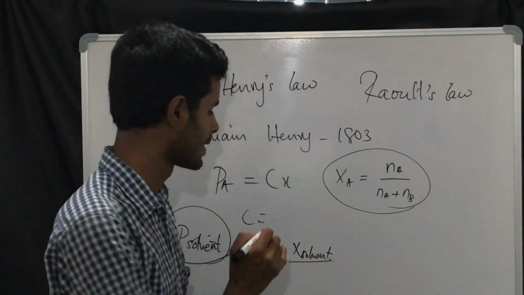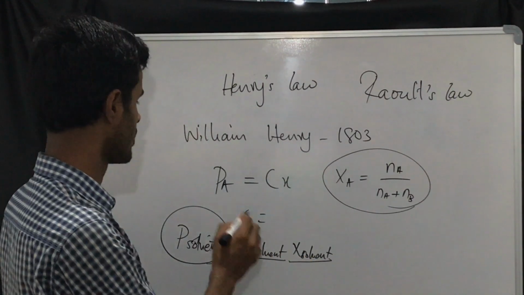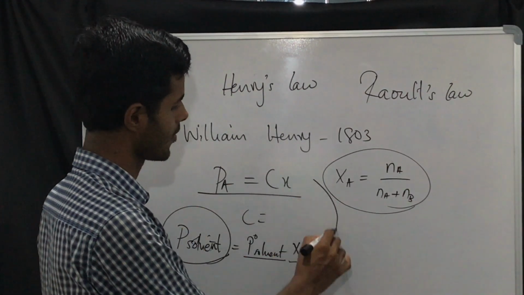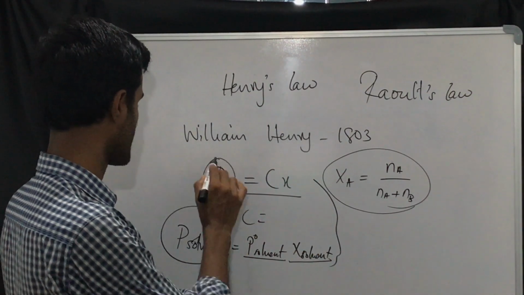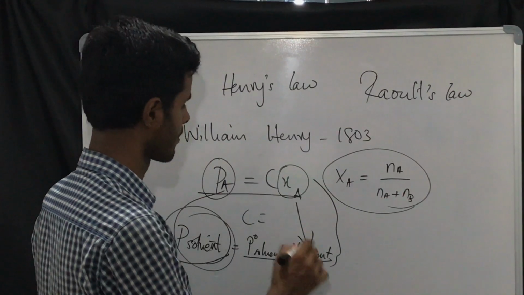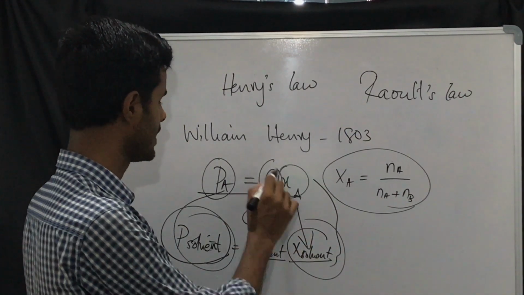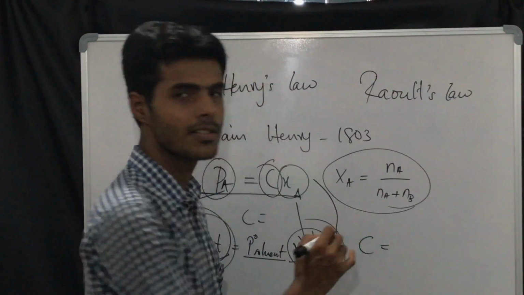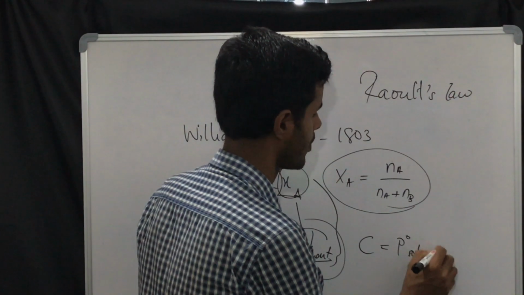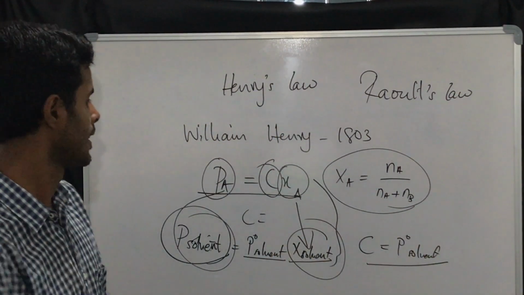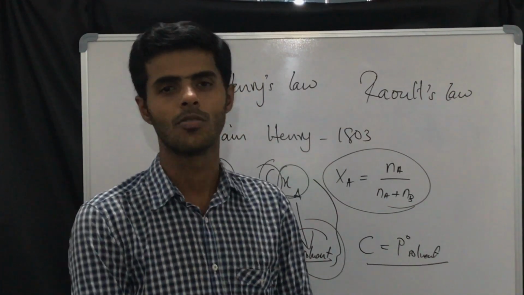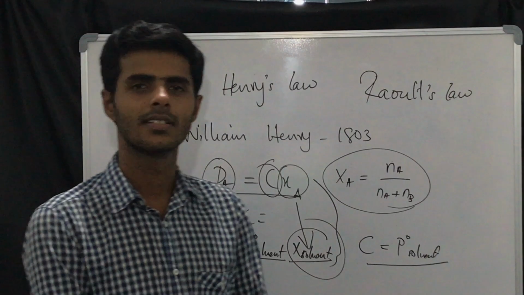X solvent is the mole fraction of solvent. So we can relate Henry's law with Raoult's law. Here Pa stands for the partial pressure of the solvent, and X stands for the mole fraction of the solvent, one of the components. If Henry's constant is equal to the pressure of the component in its pure state, then Henry's law is equal to Raoult's law.